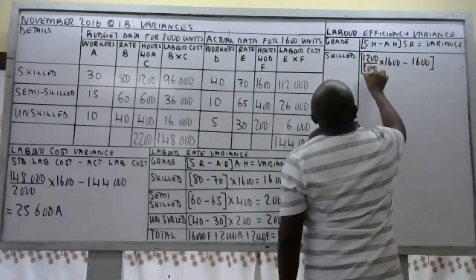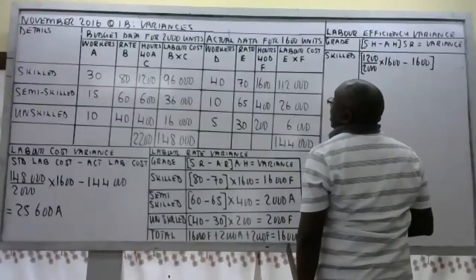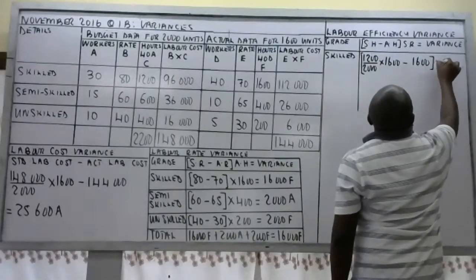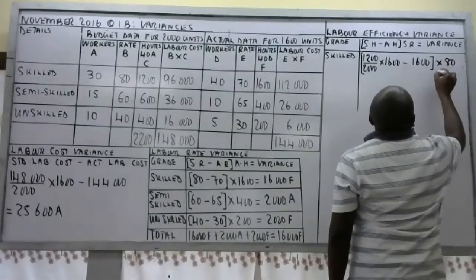And this one, you multiply by the standard rate of 8 shillings.